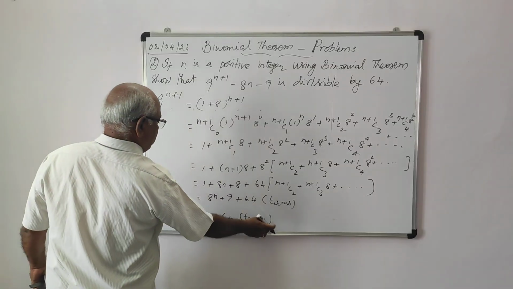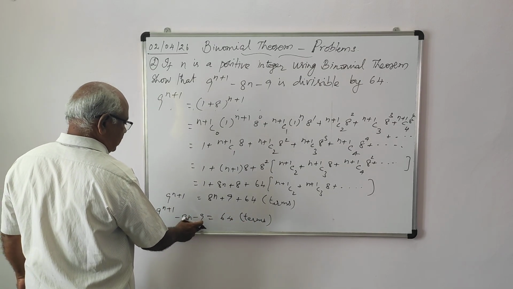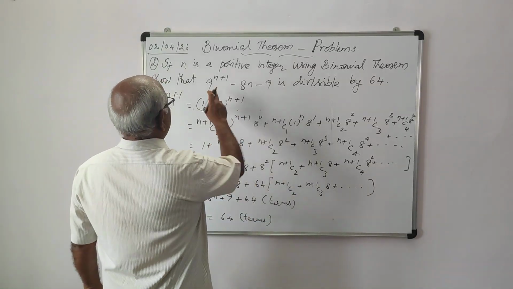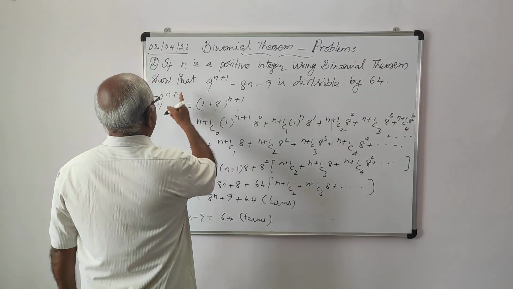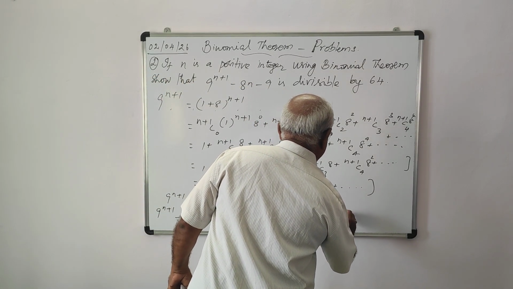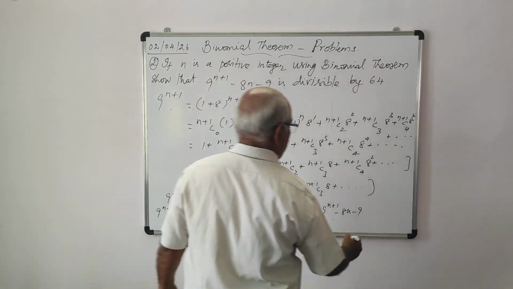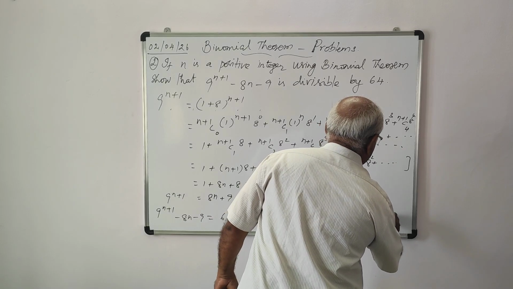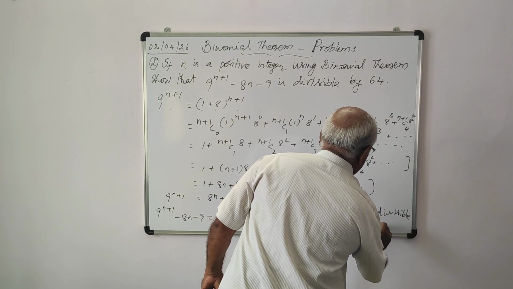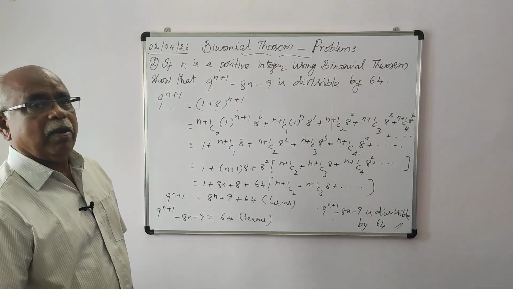So the 64 times of the terms, and the entire 9 power n plus 1 minus 8n minus 9 is divisible by 64. As it is a multiple of 64, therefore 9 power n plus 1 minus 8n minus 9 is divisible by 64. Okay, that's all about the problem.